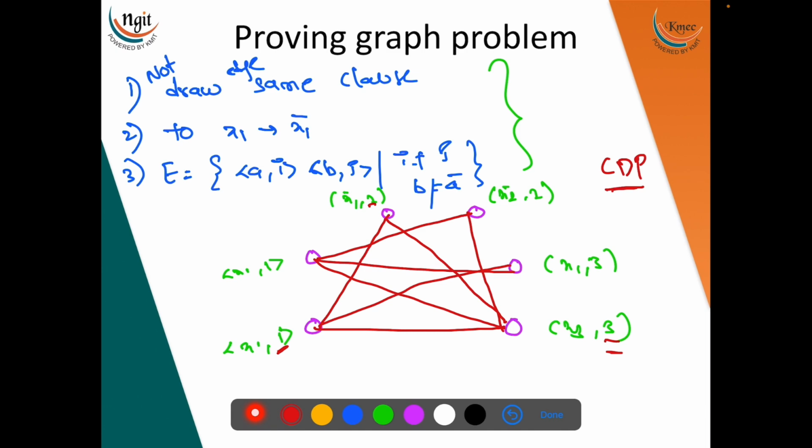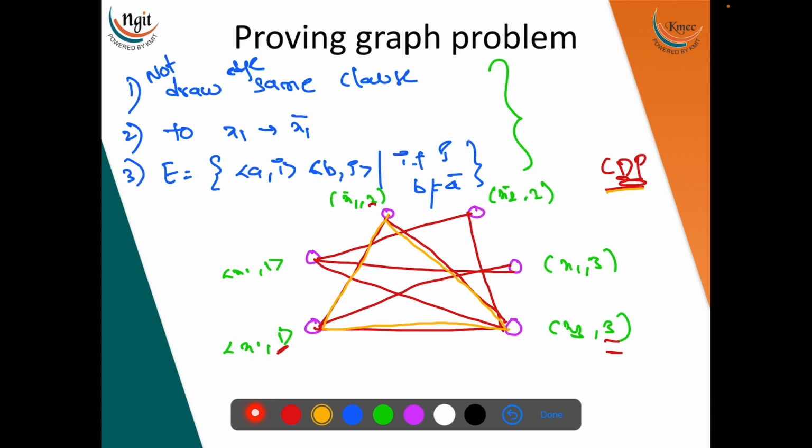So I am taking satisfiability, which I know, and converting it into CDP. What is CDP? Having a subgraph with the complete graph. So find any subgraph over here. So the subgraph is this, the complete graph. Now let's see. Satisfiability is what? I have reduced the satisfiability problem to the clique decision problem.